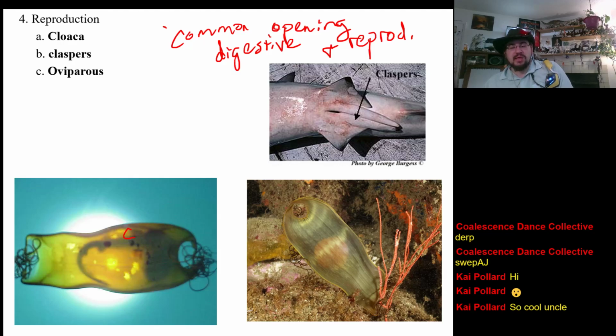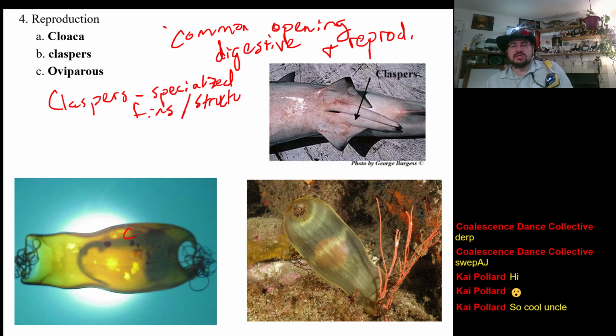So male sharks have what we call claspers, which are specialized fins. So these are reproductive. And these claspers are basically sperm transfer fins.